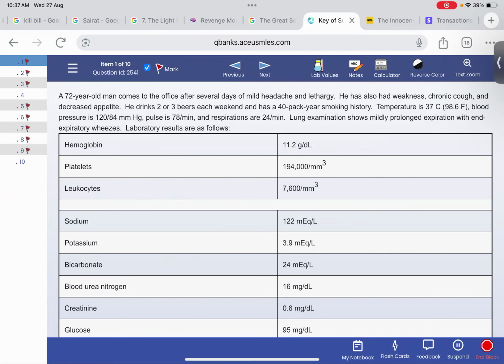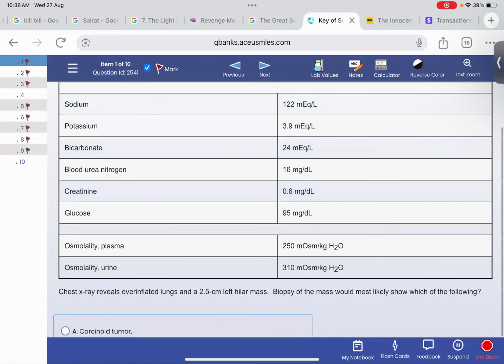Labs: Hb 11.2, platelets 194, leukocytes 76, sodium 122, potassium 3.9, bicarb 24, urea nitrogen 68.6, glucose 95, plasma osmolarity 250, urine osmolarity 310. Chest X-ray revealed overinflated lungs and a 2.5 centimeter left hilar mass. Biopsy of the mass would likely show which of the following?